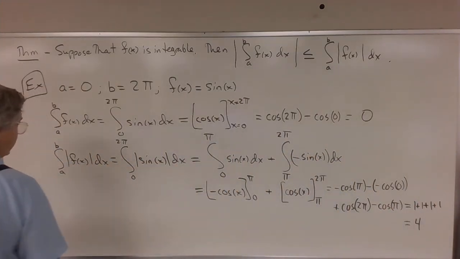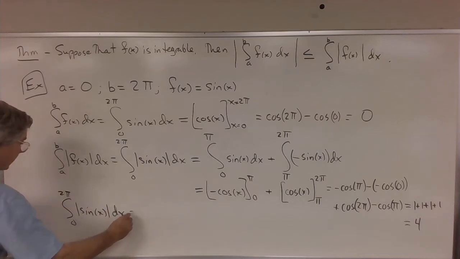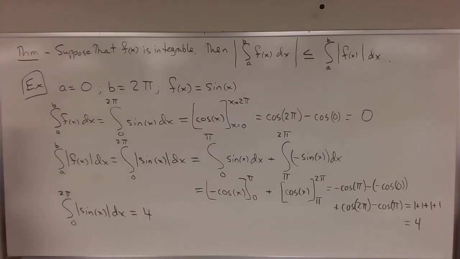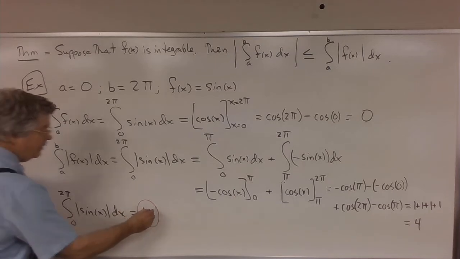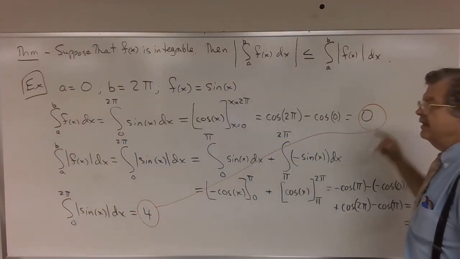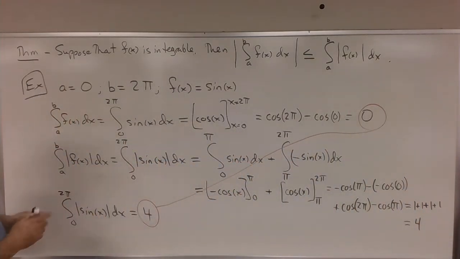The integral from 0 to 2 pi of absolute value of sine of x dx is 4. And that is certainly greater than what we got up here, which was just, well, let's see.